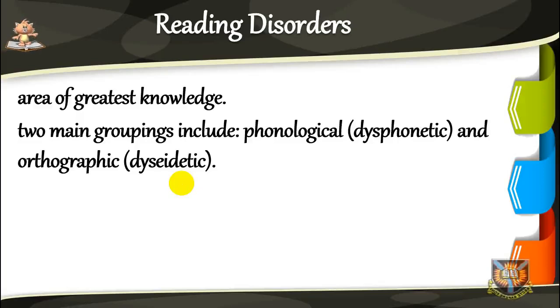Shaywitz wrote in 1998 that a deficit in basic phonemic awareness, that is, inability to segment phonemes, the smallest unit of sound, into phonological units, is the underlying cause in virtually all cases of dyslexia.